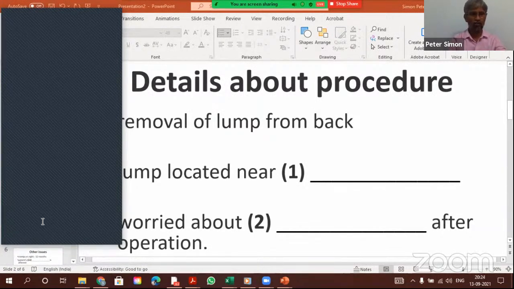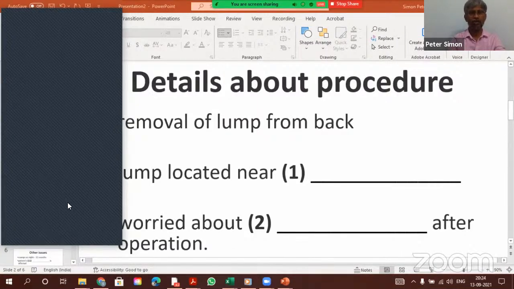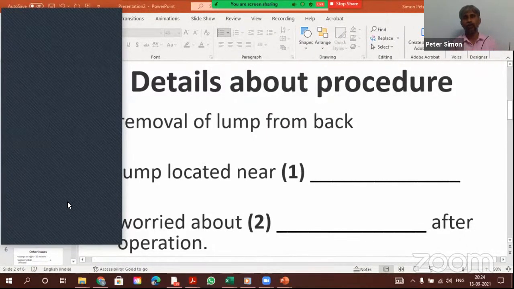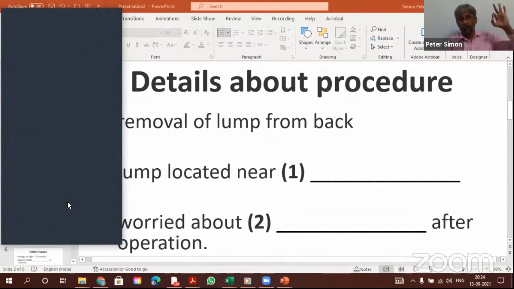Type and keep it ready, but don't submit. Please don't submit. It's a request and also a warning. Right. Type and keep ready. Question number 1. Lump located near a dash. 7, 6, 5, 4, 3, 2, 1, and submit.